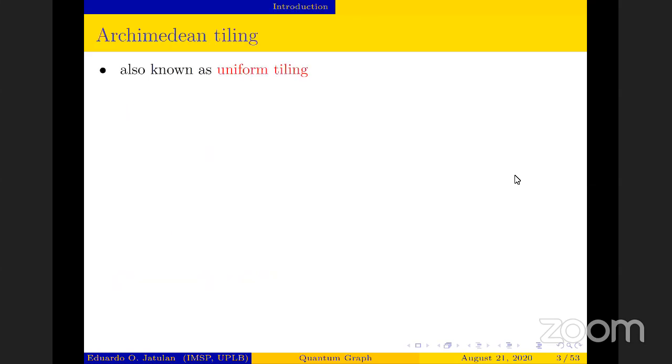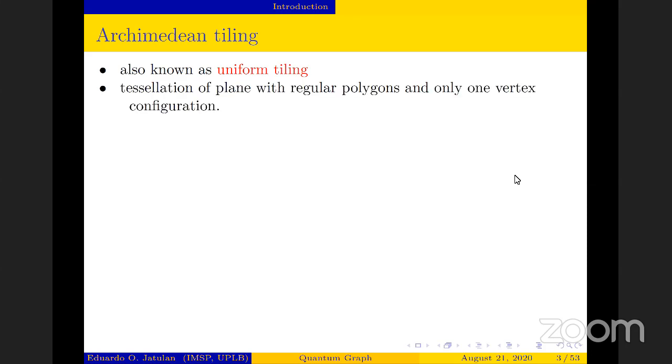First, we define what is Archimedean tiling, also known as uniform tiling. Basically, it's just a tessellation of the plane with regular polygons and only one vertex configuration. What does it mean?